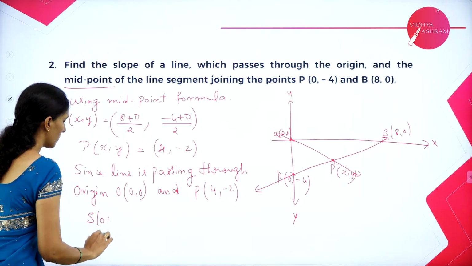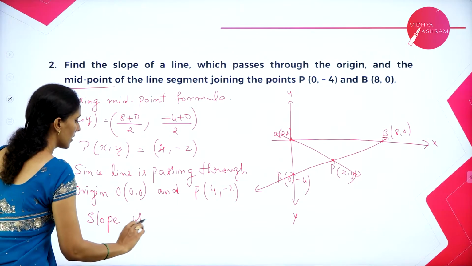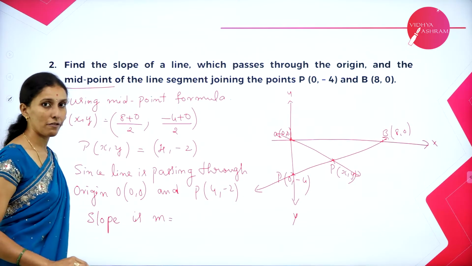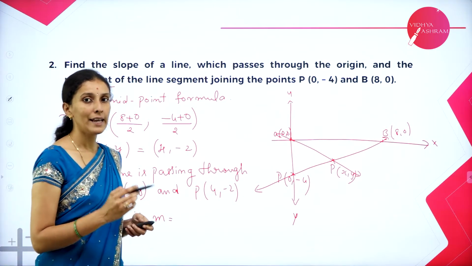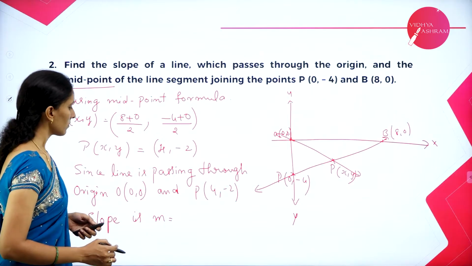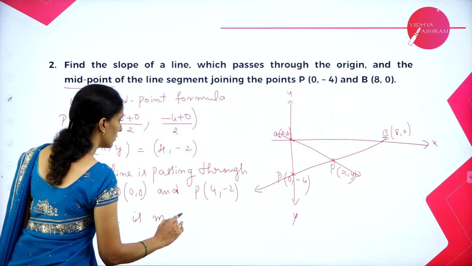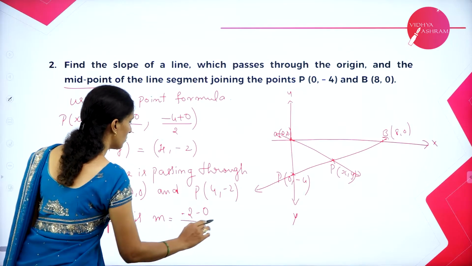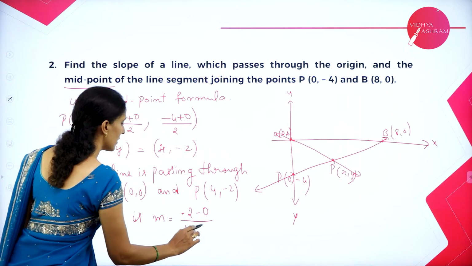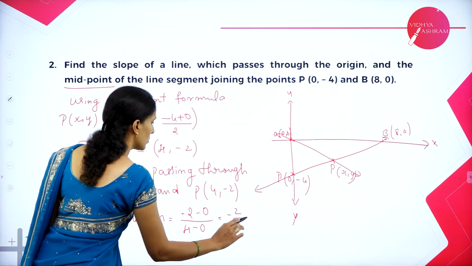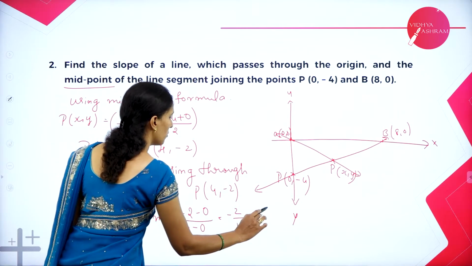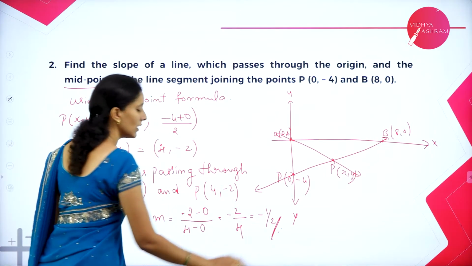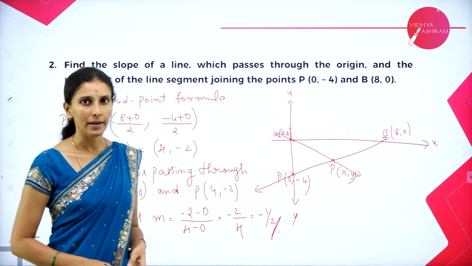The slope m is equal to, applying the formula, (y2 minus y1) by (x2 minus x1). So let me apply it now: (minus 2 minus 0) by (4 minus 0), which is minus 2 by 4, which is equal to minus half. So this is the slope of the given line.